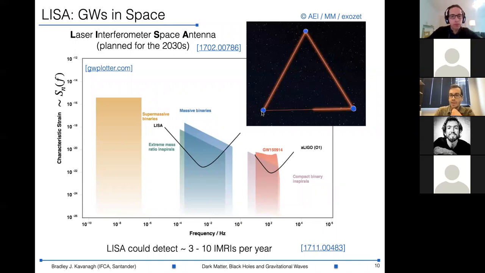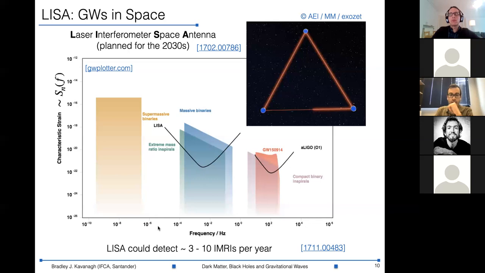This system of essentially three test masses in space, with a huge distance, millions of kilometers, between these test masses, allows you to measure much lower frequency gravitational waves than you would with LIGO. So we're down at 10 to the minus 1, 10 to the minus 2, 10 to the minus 3 hertz.